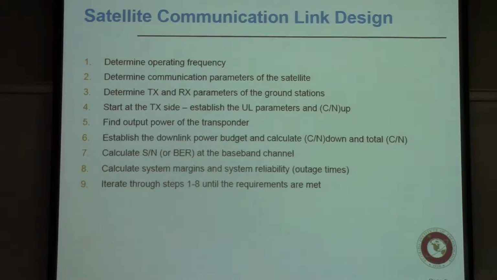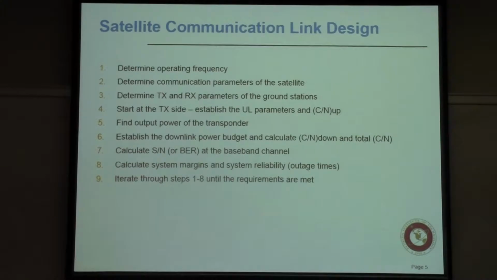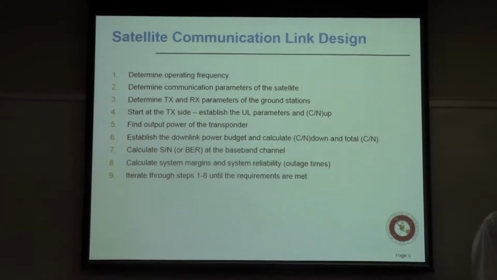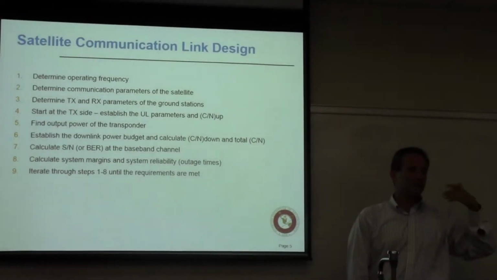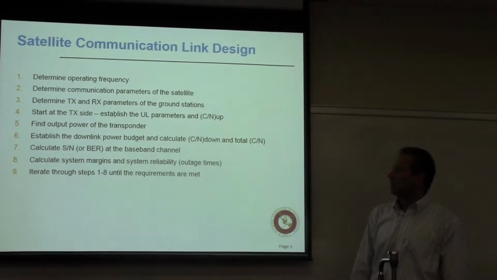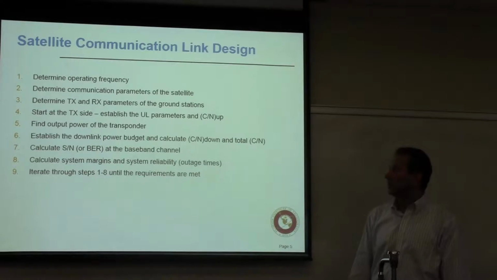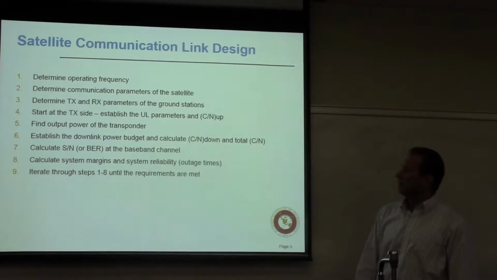Depending on the purpose of the system, you may shoot for different reliabilities. If it's TV broadcast, reliability is somewhat lower, because there is an understanding that if it's really raining and lightning, you may lose a few seconds of the TV signal. But if it's an important telecommunication satellite that carries backbone traffic, then reliability needs to be higher.